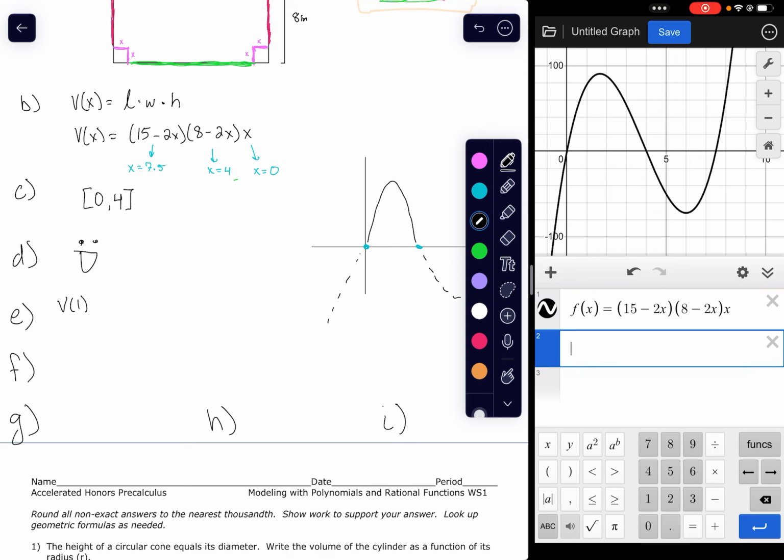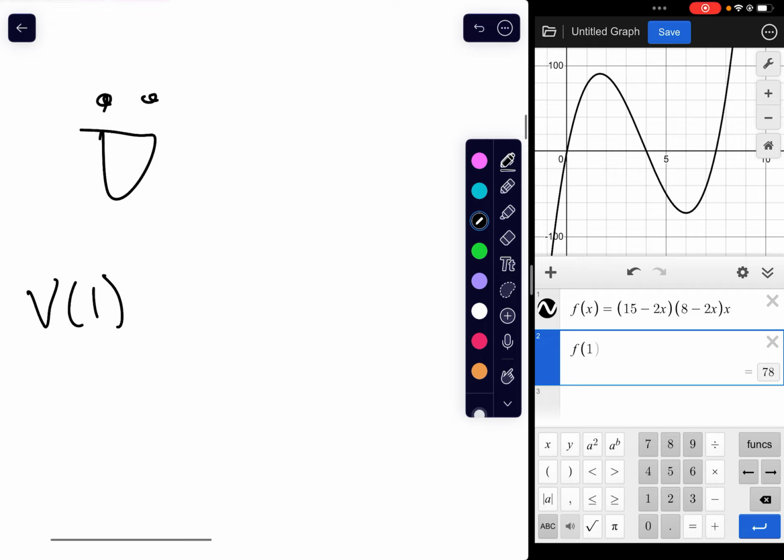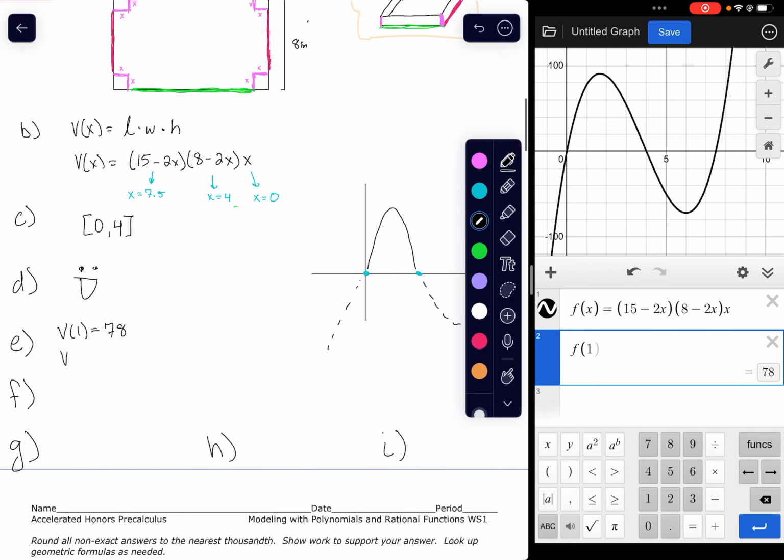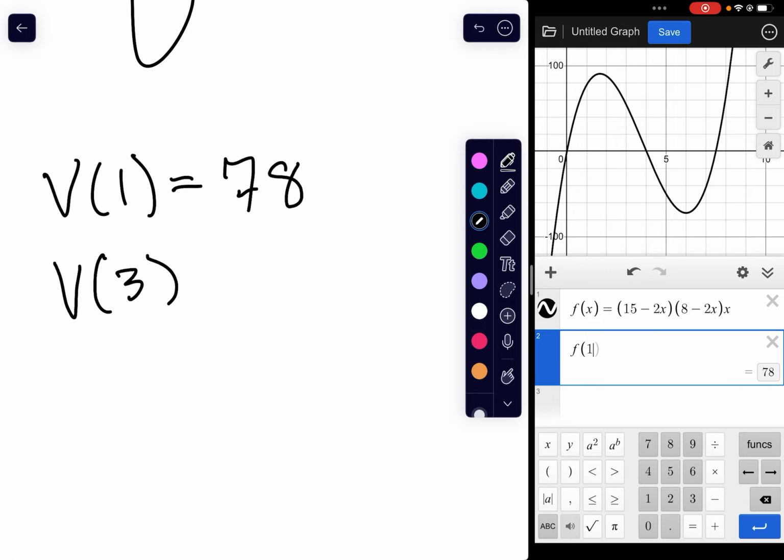So f of 1 is equal to 78. f of 3 and f of a half. f of 3 is equal to 54.